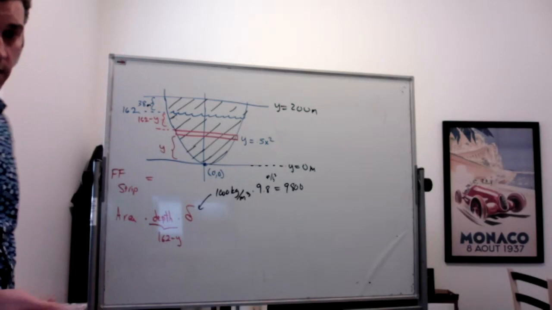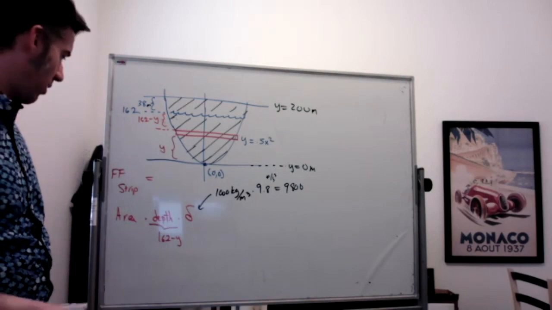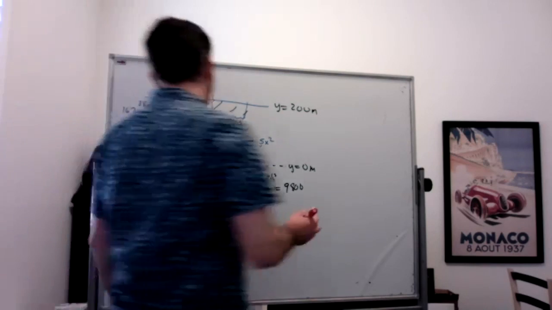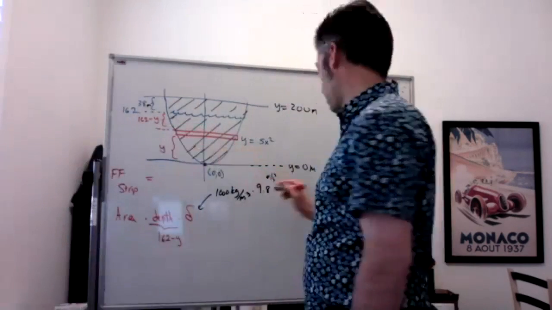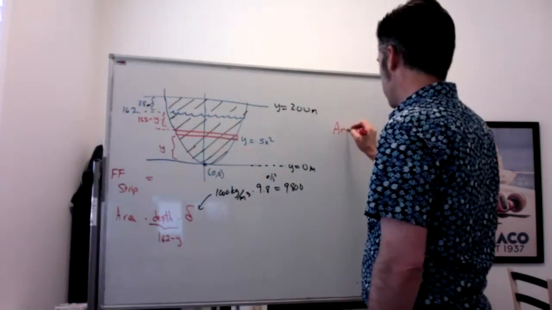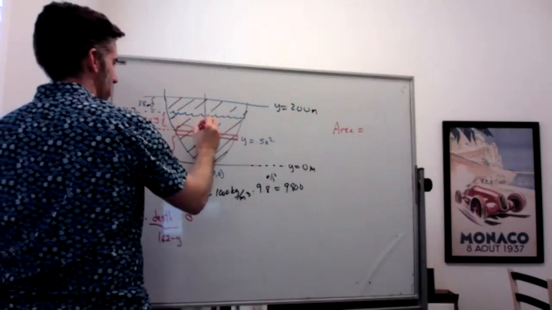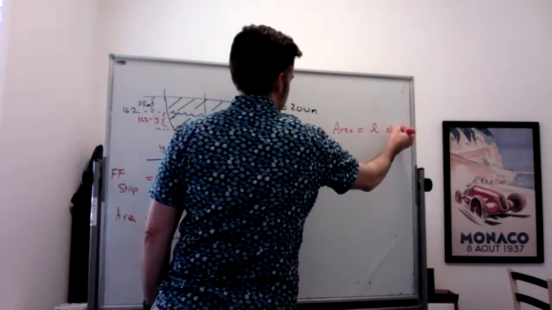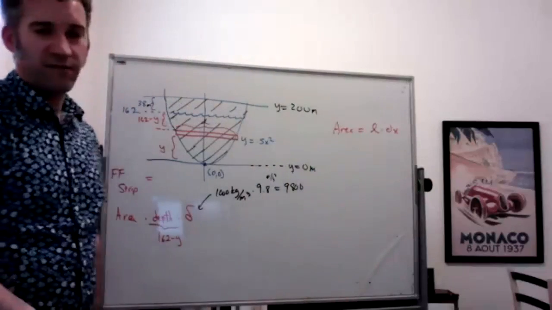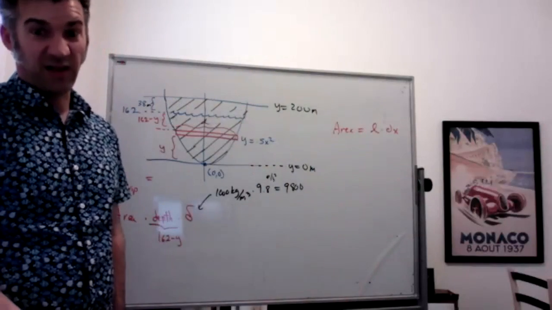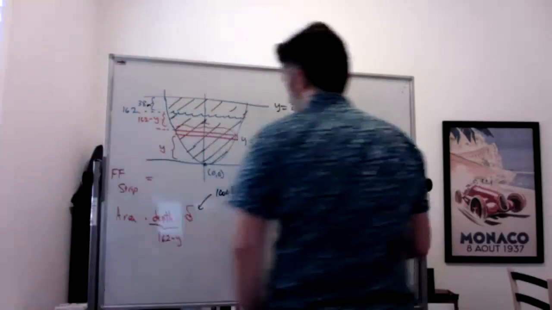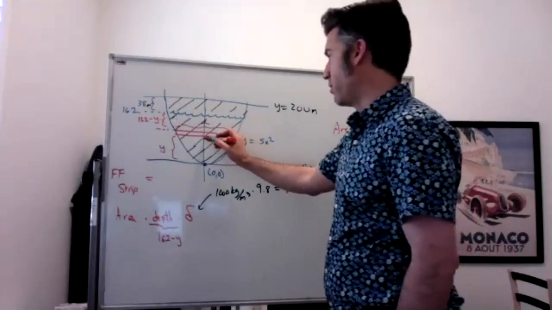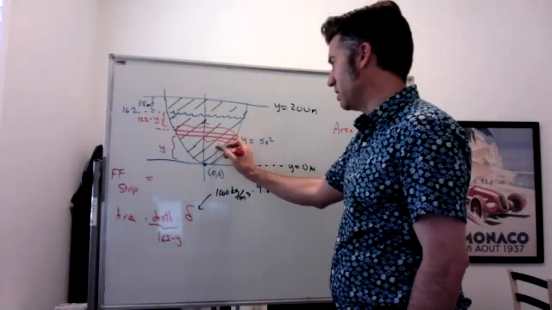Okay. So now here's what we typically do for the area. The area is going to be this length, which I'm going to call L for a minute, times dx. I feel like I need to do this in terms of x, so this half of that is just x.